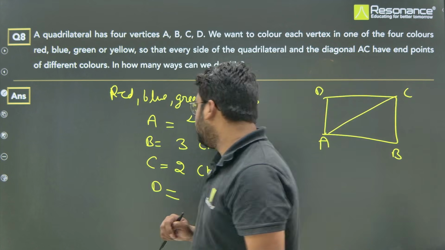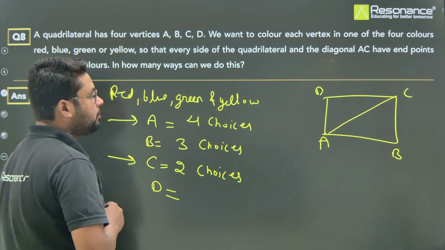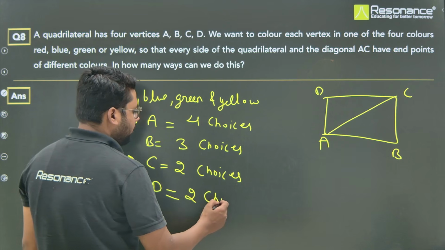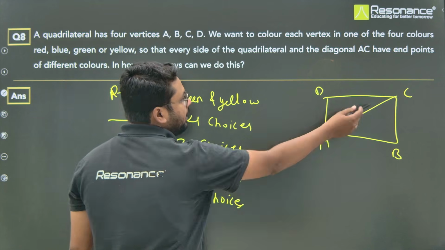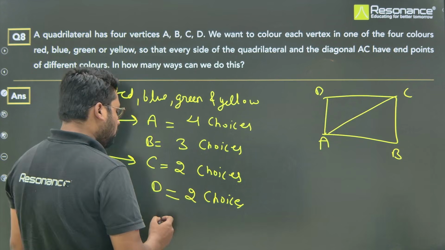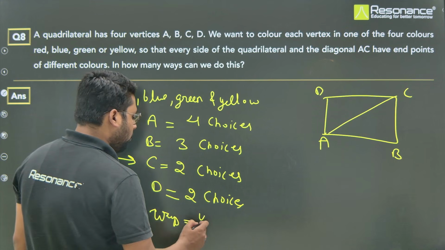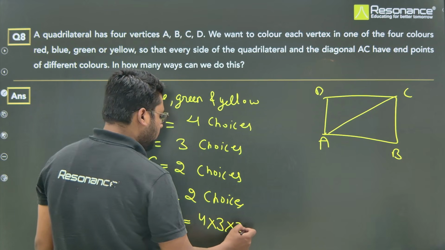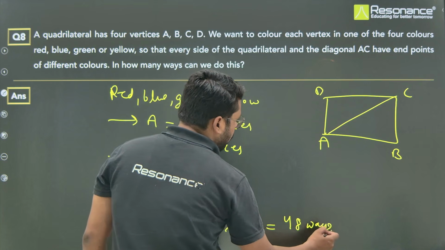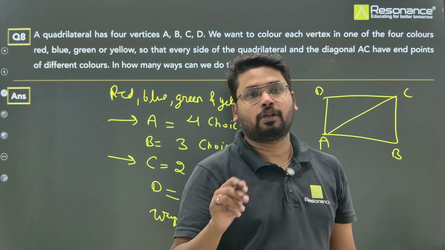D should be different from A and C. So again D has 2 choices, because one color is picked by A and one by C. So overall the number of ways is 4 into 3 into 2 into 2, that is 48 ways.